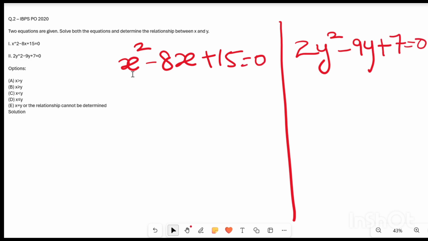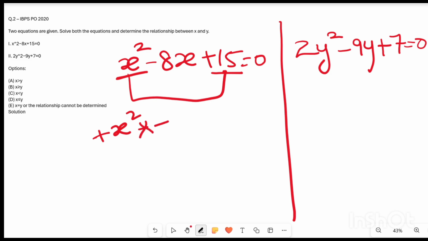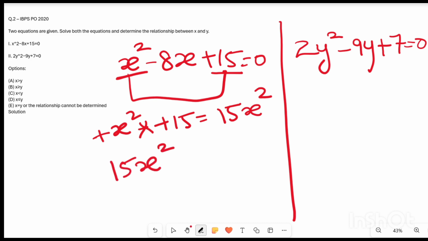And if you find here the roots, we have to consider first and last term, plus x square and into plus 15 will become plus 15x square. And we have to split it, x into x, 15 as 3 into 5.